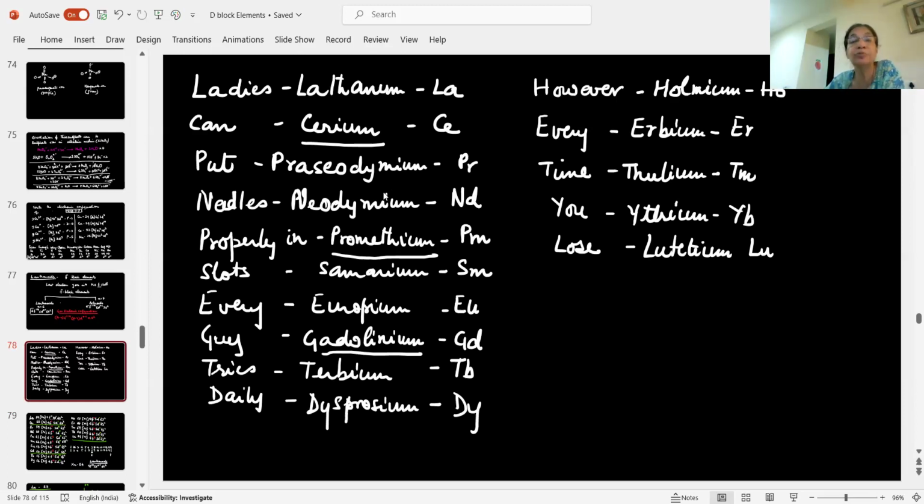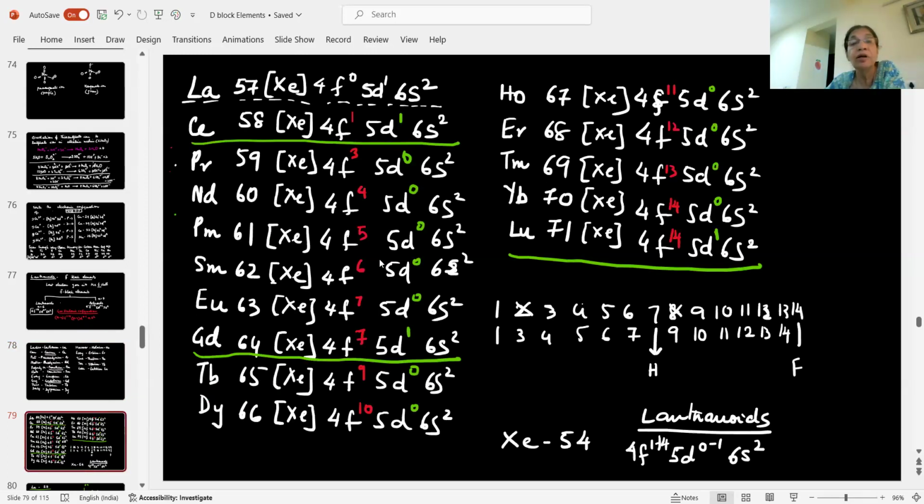So let us see why PR will have a stable +4 oxidation state. I don't know really. It can have a maximum of 5 oxidation state. Why +4 is stable, I don't know. I am making a mistake. It is not this one, it is TB, terbium.